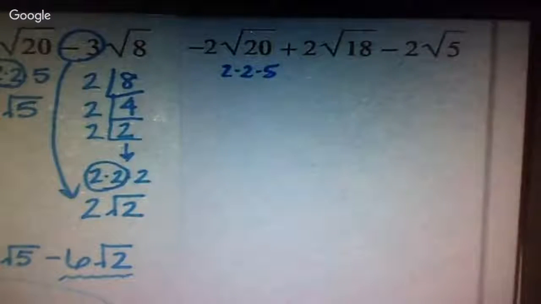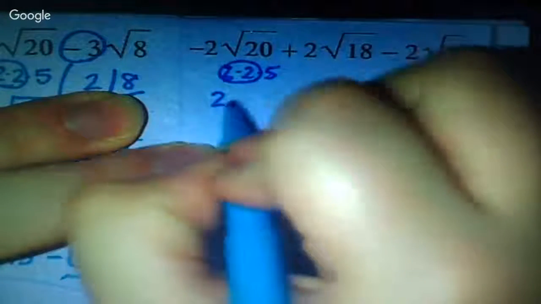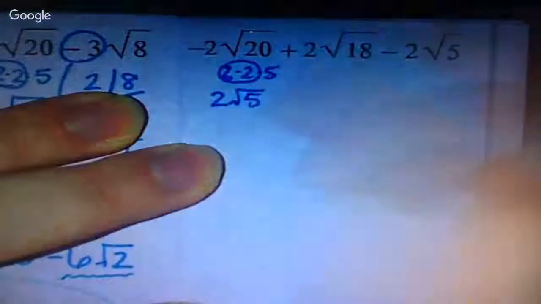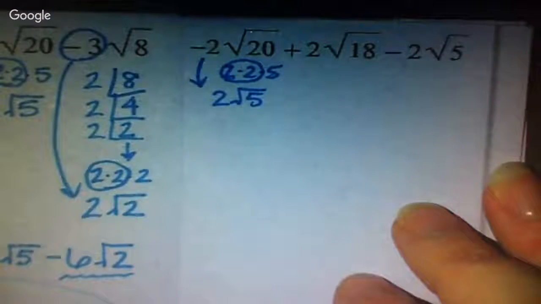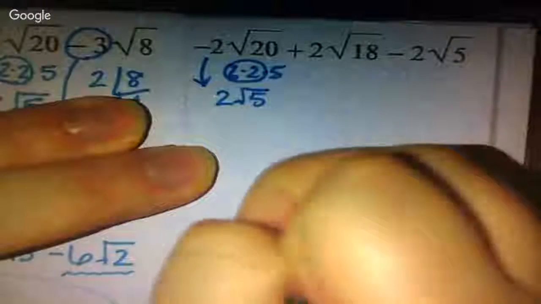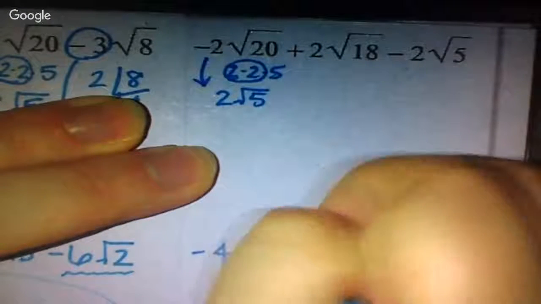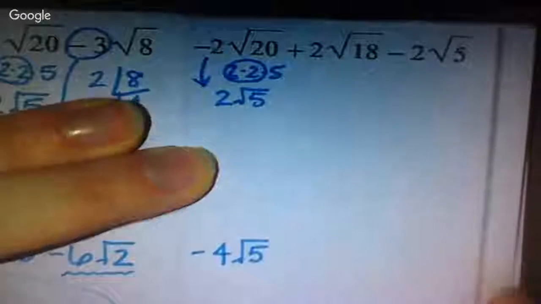So we group in 2's. That becomes 2 times the square root of 5. And don't forget to bring down that negative 2. So negative 4 square roots of 5.